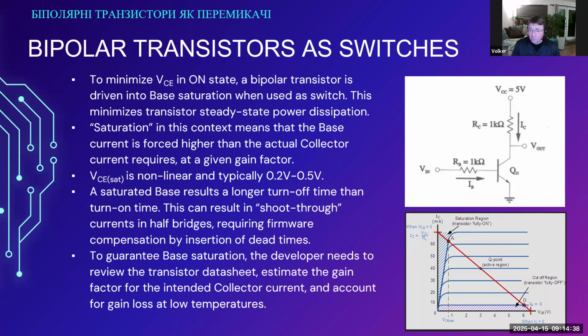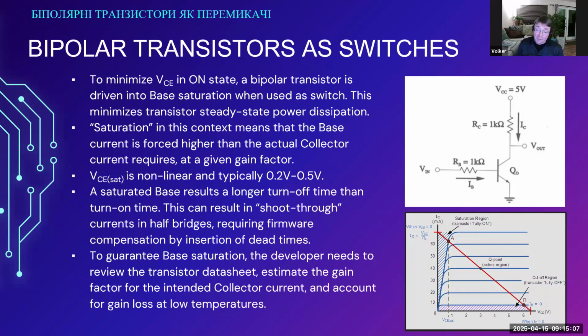The collector emitter voltage, that is essentially the switch voltage when the switch is on, is non-linear because it effectively crosses two PN junctions. It is not possible to bring it to zero. Typically, for smaller transistors in the range of a few hundred milliamps, it can go as low as 0.2 to 0.5 volts.